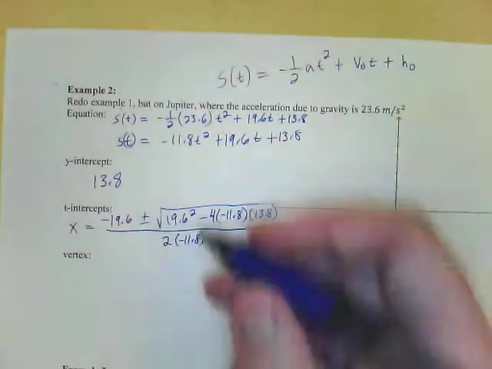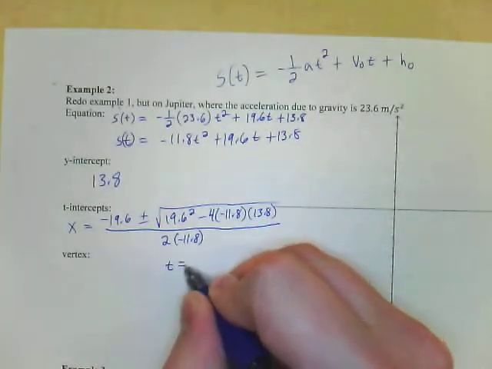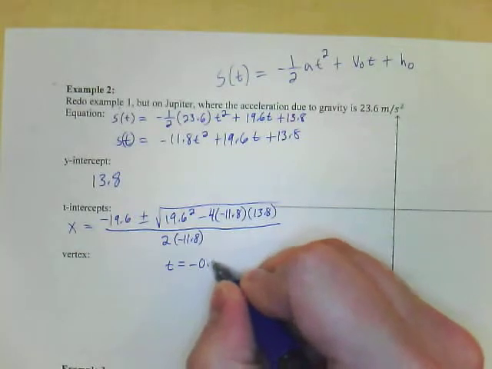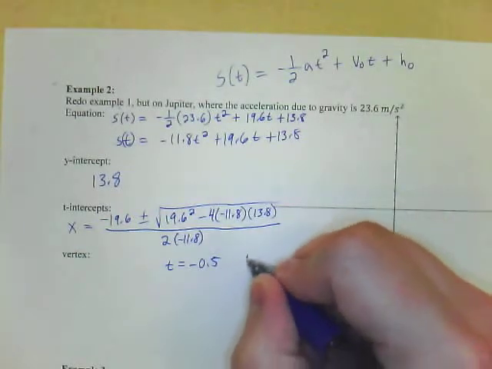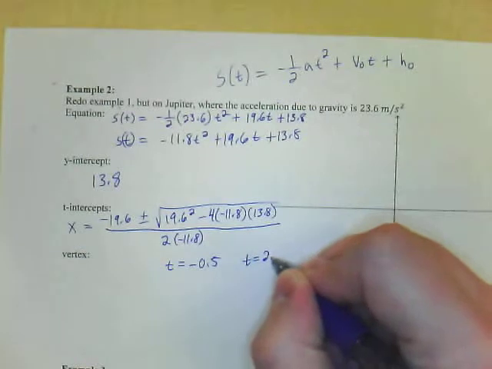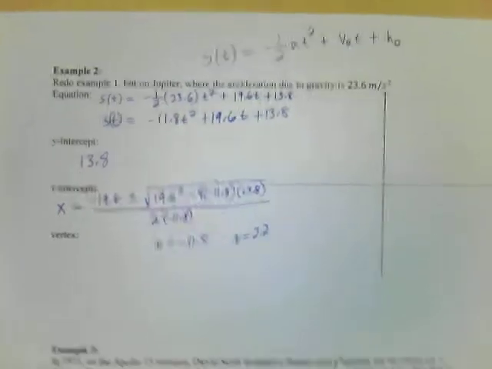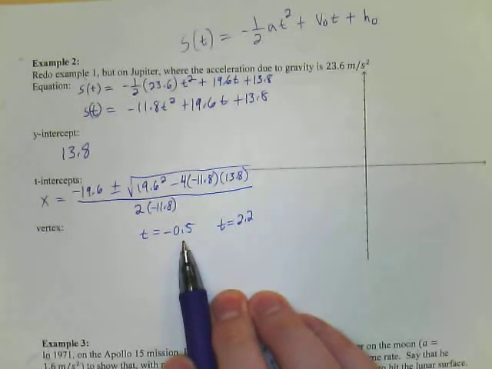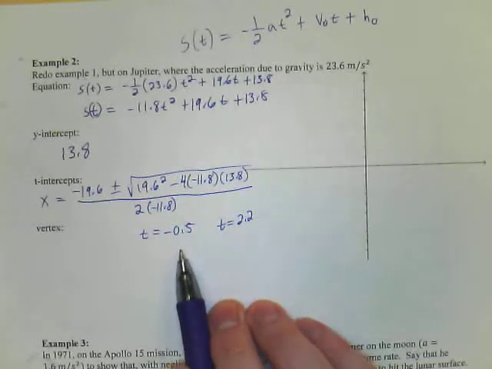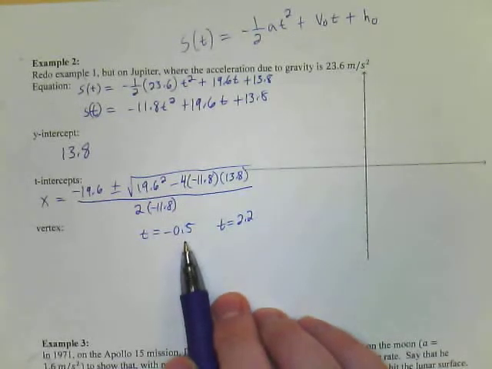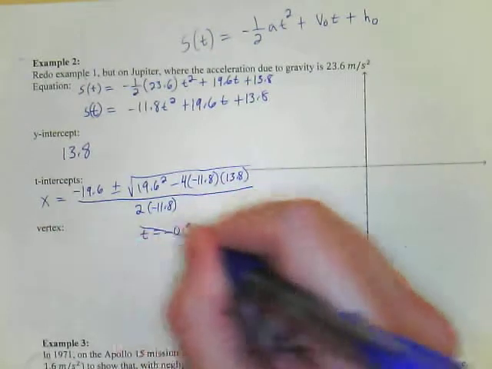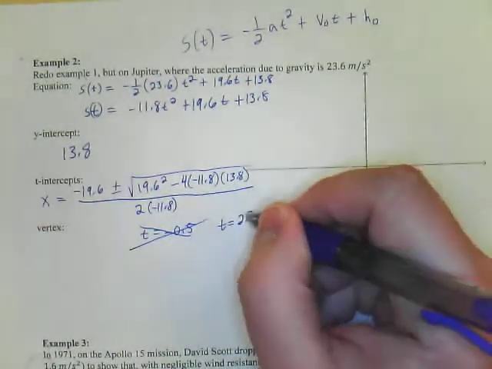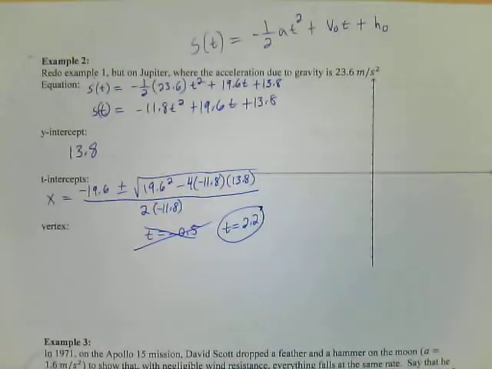Work through all of that, and you should get t is approximately negative 0.5, and t is about 2.2. Now one of these is happening before we actually launch it. The negative time is saying that it's going to hit the ground half a second before we launch it. That makes no sense in the context of the problem, so we're going to throw that one out. And so what we see here is that it's going to hit the ground after 2.2 seconds.